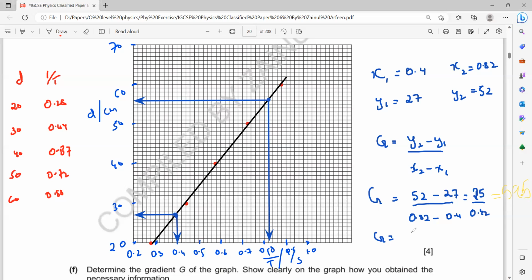So gradient is equal to 59.5. Is it clear how to work out the gradient? Anyone having a doubt?